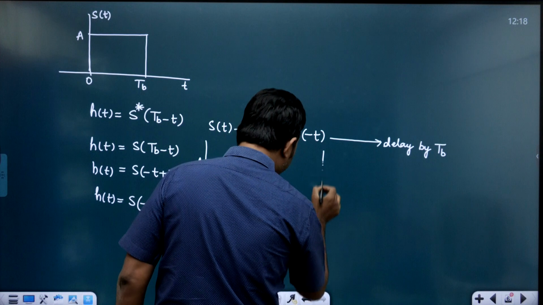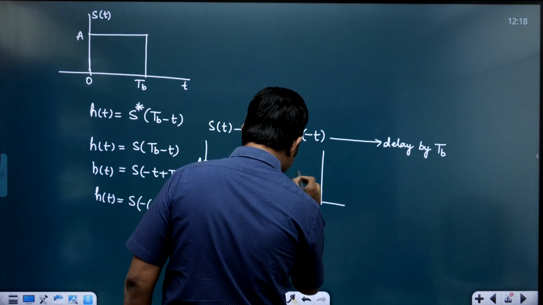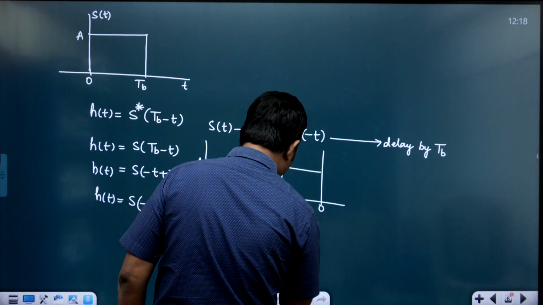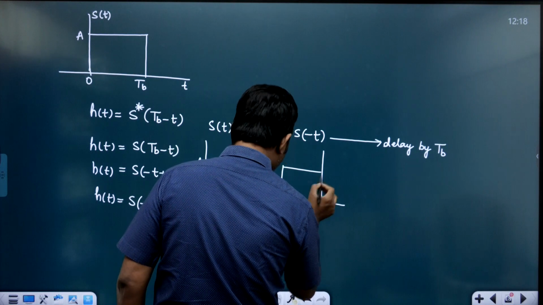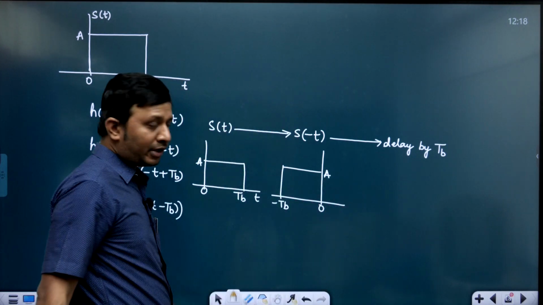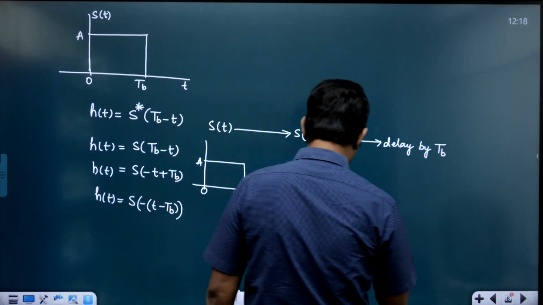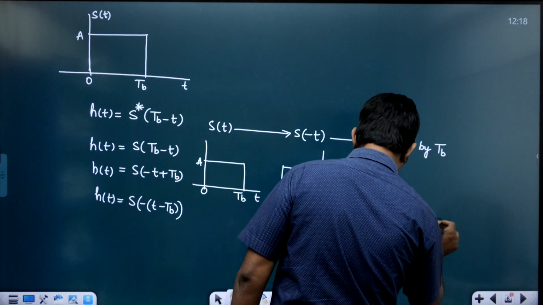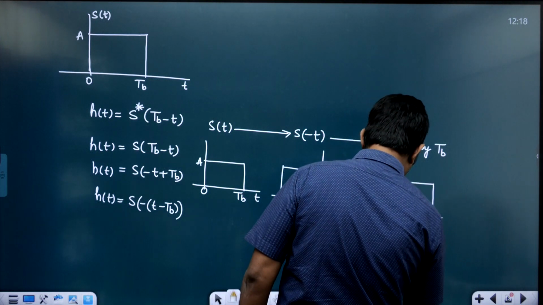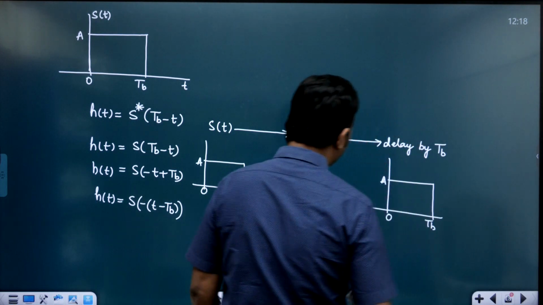If I take the reversal, okay, now if I delay this by tb, delay means right shift. Yes, this is the impulse response.